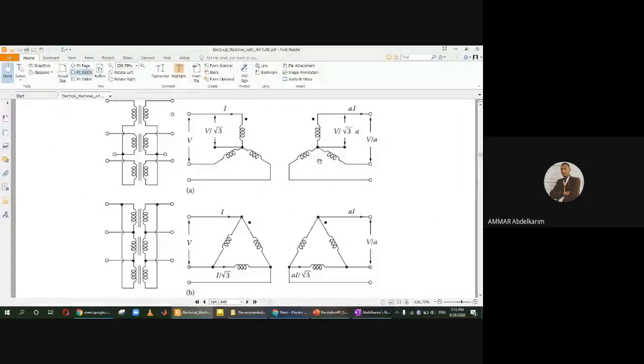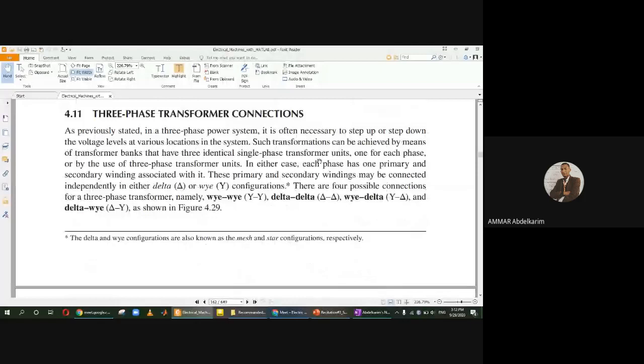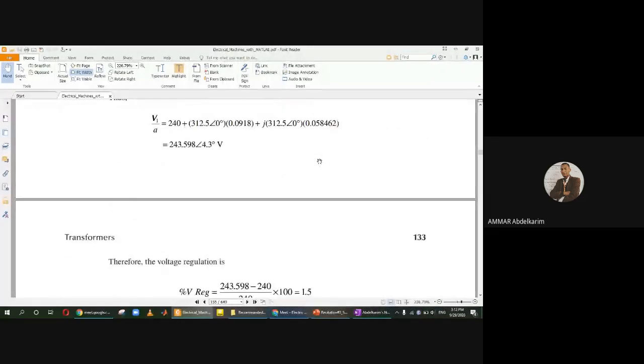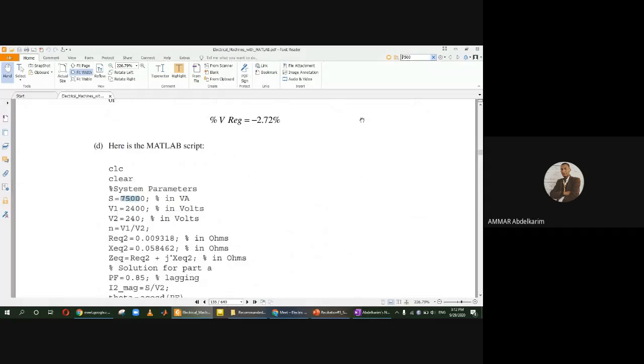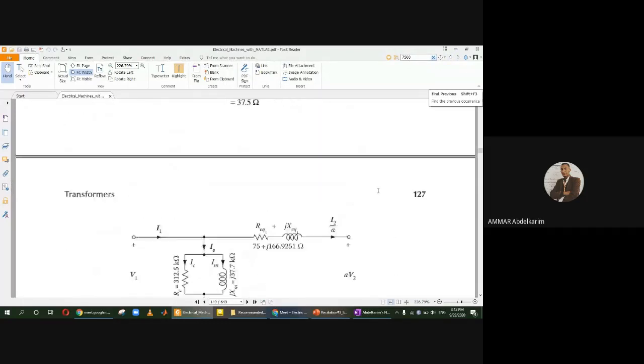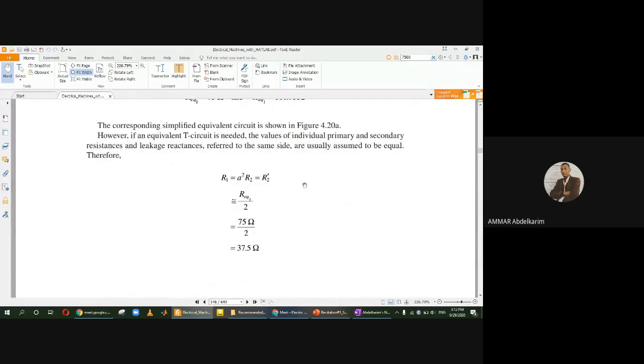Here in the textbook, the exact circuit, they also call it the T circuit because it's shaped like a T. The values of the individual primary and secondary resistances and leakage reactances referred to the same side are usually assumed to be equal.